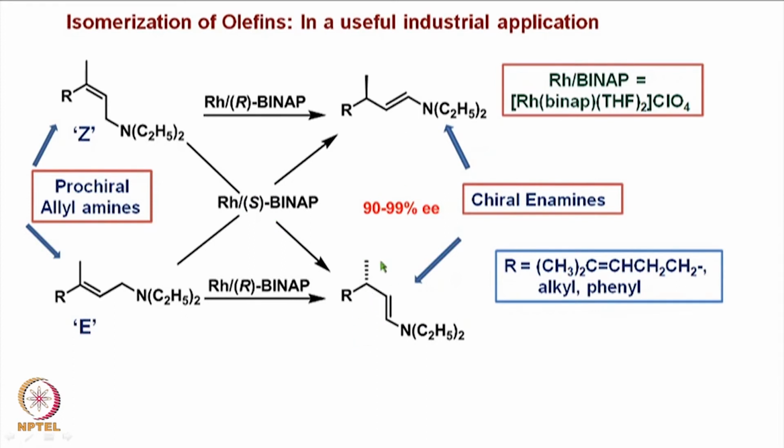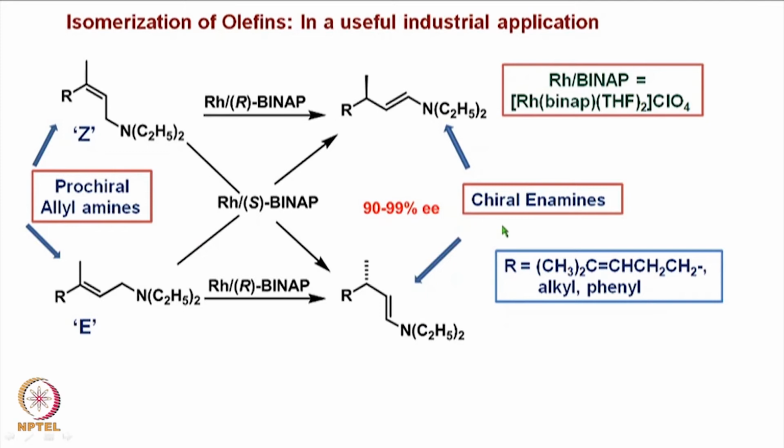So these types of chiral enamines have been utilized in the synthesis of a variety of important compounds which are optically pure, and the optical purity has been found to be in the range of 90 to 99%.